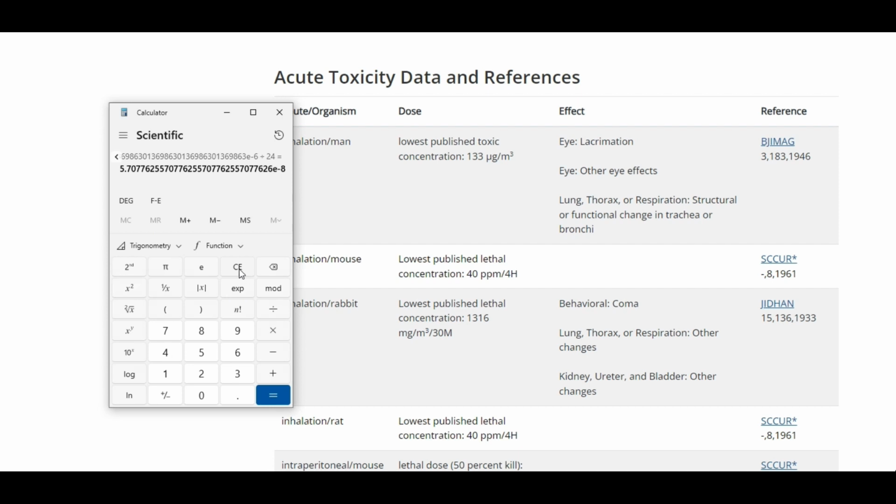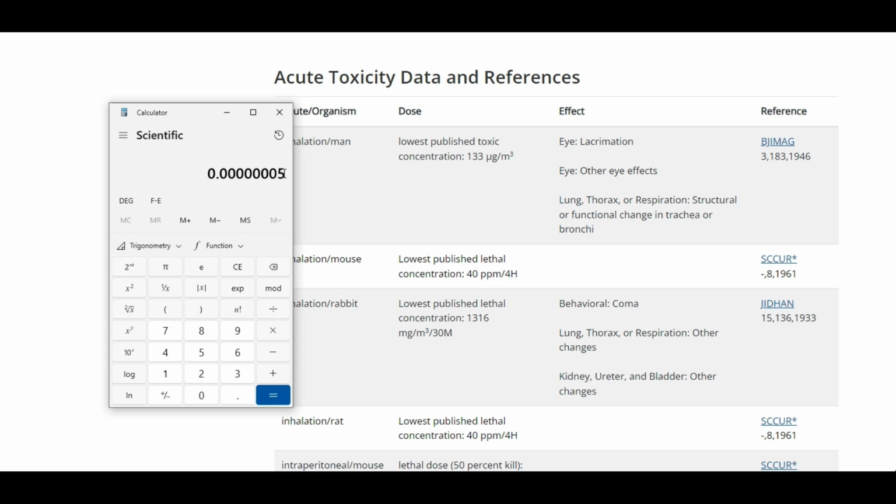So that is 0.1234567. That is how many milligrams I've been exposed to within the past hour per meter of air. I think per meter of air.